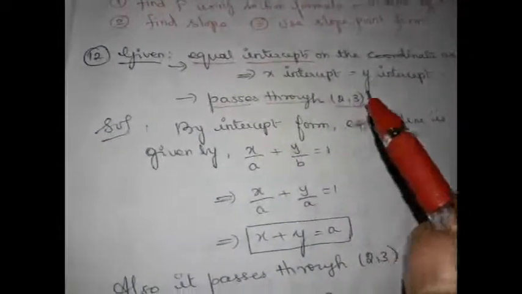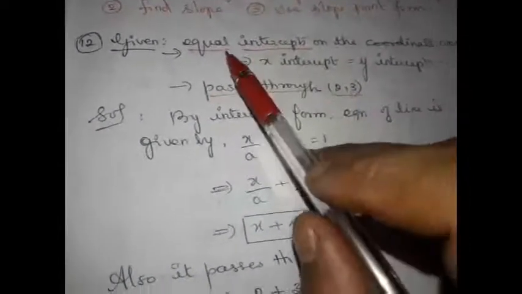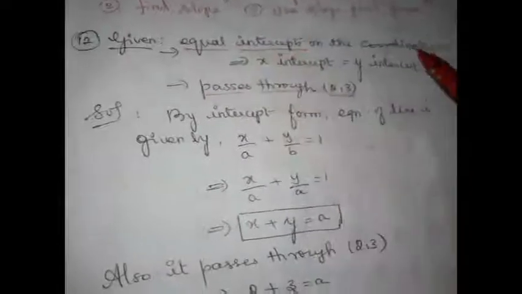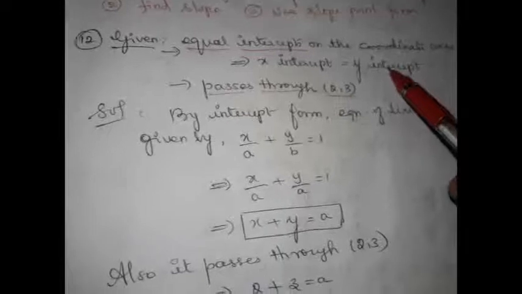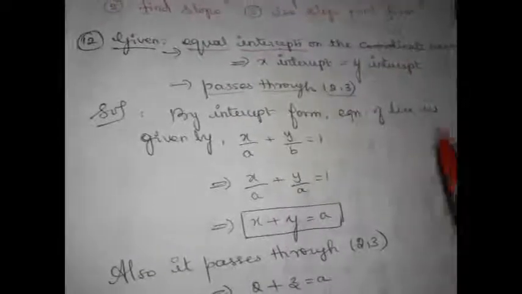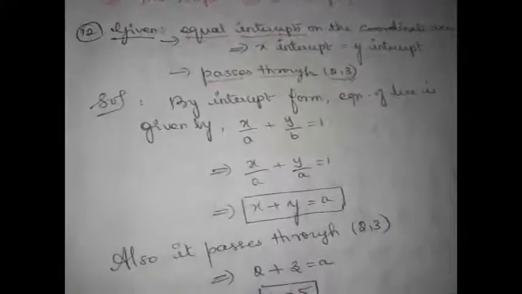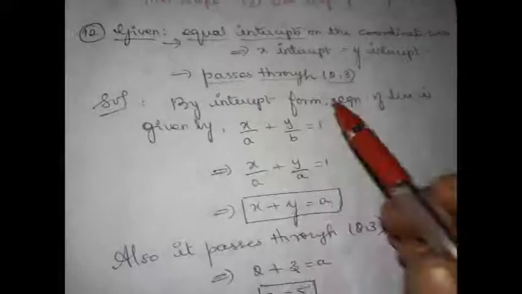We need to find the equation of a line which cuts off equal intercepts on the coordinate axis, which means x-intercept equals y-intercept, and they also gave you a point it passes through, right? When they are talking about both the intercepts, obviously we will go with the intercept form. So if they are equal intercepts, what do you know?